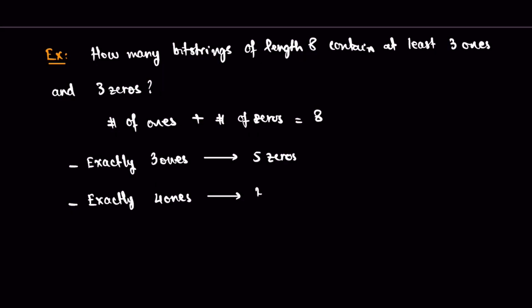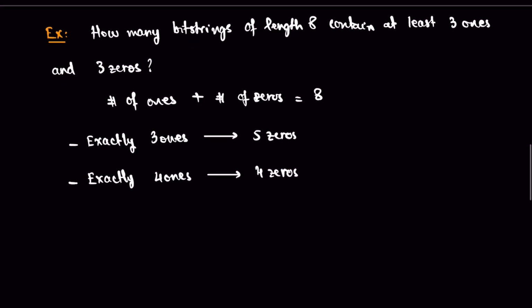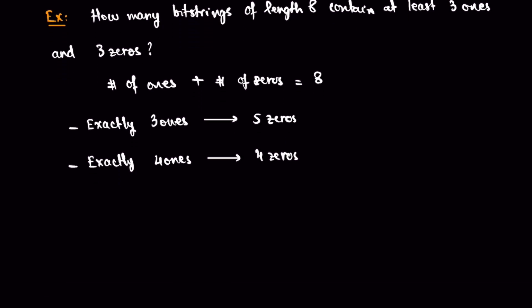So there should be 4 zeros in the second scenario. And in the case of exactly 5 ones, again, the remaining positions must be zeros as well. So there are 3 zeros in the third scenario. And we don't care about the order in which the ones and the zeros occur.